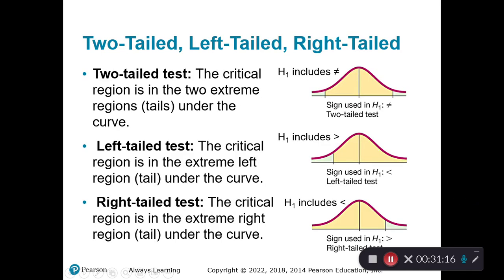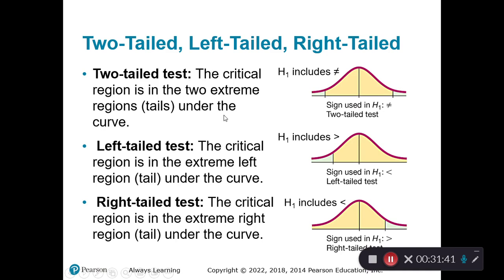So in this slide, I'm going to briefly talk about the fact that there are 3 different types of hypothesis tests. The first is called a two-tailed test, and a two-tailed test is one where the alternative hypothesis includes the not equal to symbol. You see that down here.